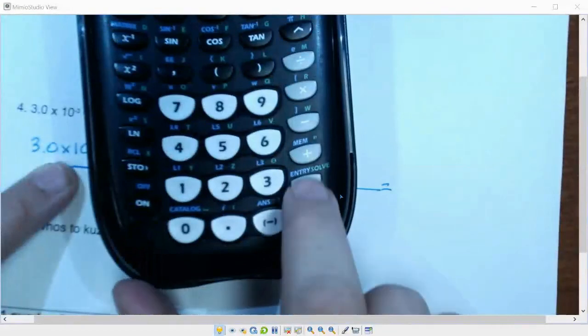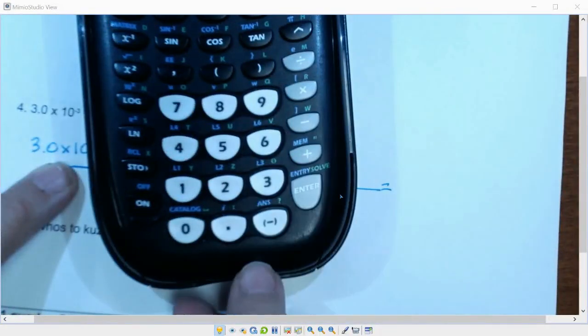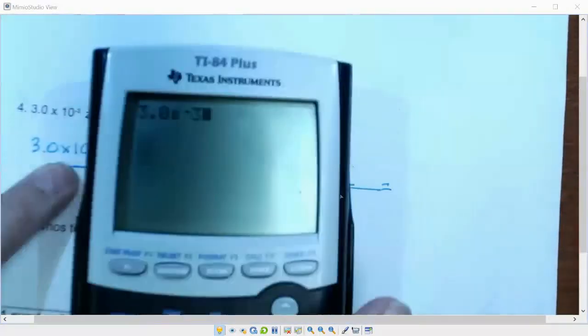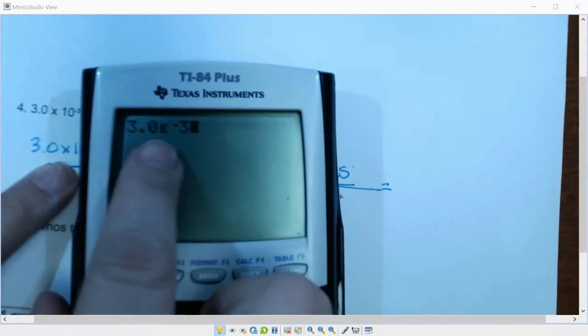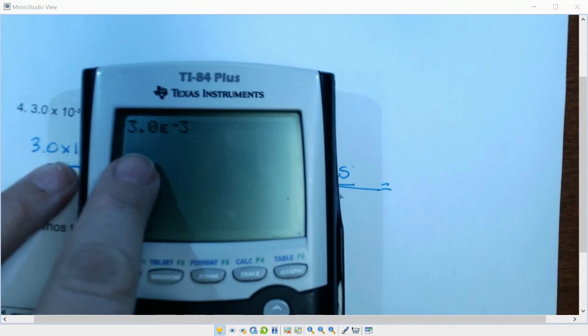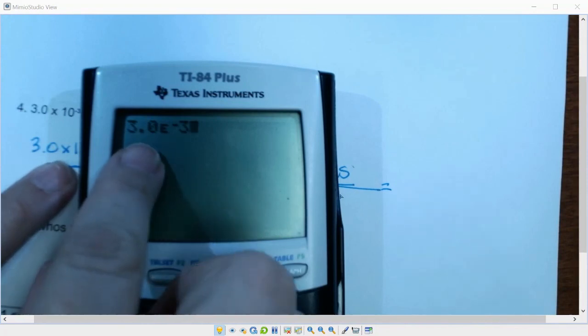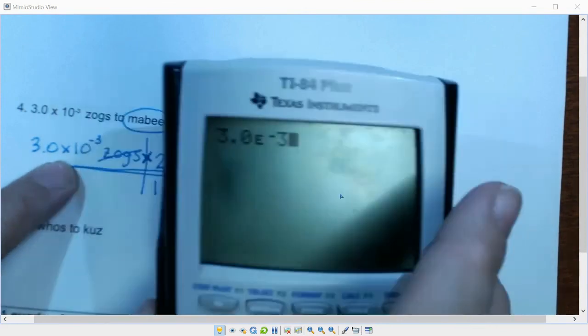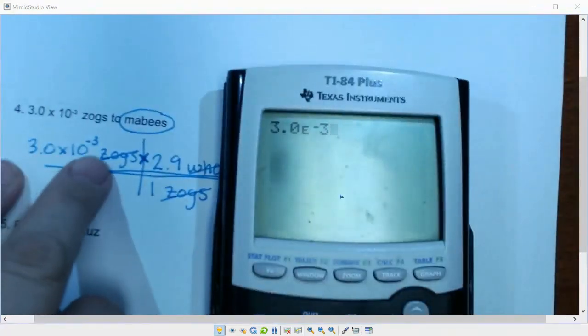So don't use the math function subtract. Make sure you use the negative sign button. Now, we don't want to put enter because this is the same thing as just typing in a number. I haven't told my calculator to multiply, divide, anything. So I'm not going to hit equal yet. This is just this number, 3 times 10 to the negative third.